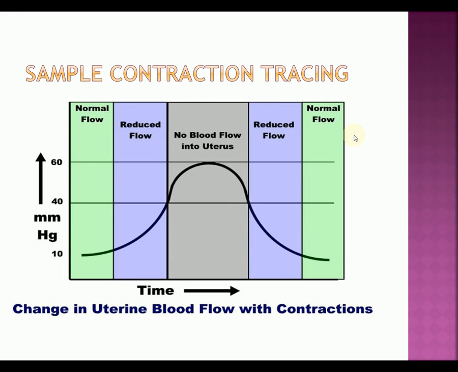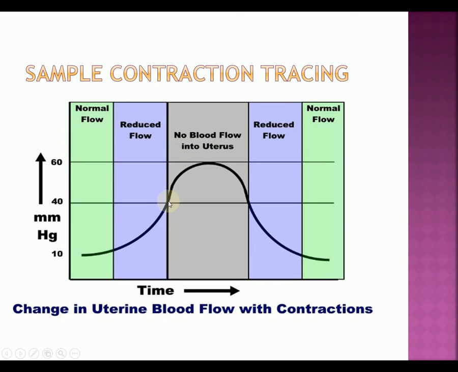So, with a contraction, you start out with normal blood flow to the placenta without any contractions, right? We're happy, we're going along, doing just exactly what we need to do. Then as the contraction starts, at the beginning of your contraction, you're going to see that the stronger the contraction gets, the less flow there is. When it gets about halfway to the peak, there is absolutely no blood flow going into the uterus.